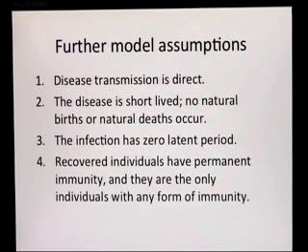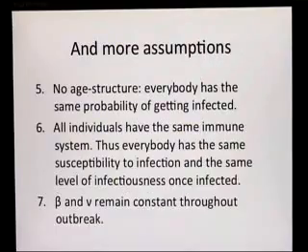And this model also assumes that nobody is born with, say, immunity. That the only individuals with immunity are those that have recovered or been removed after they became infected. Again, more assumptions. The model has no age structure, right?